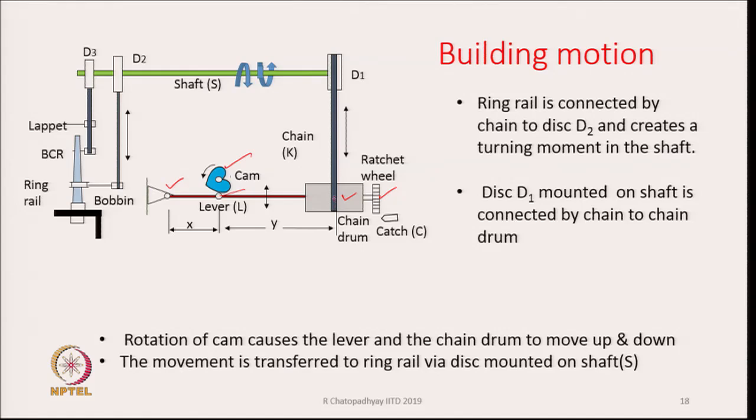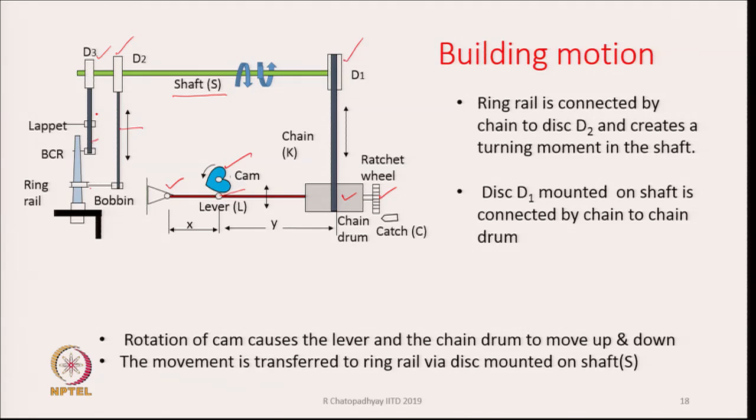The chain drum is connected to another drum, D1, mounted on the shaft S. At the other end of the shaft, you see there are two pulleys or two drums, D2 and D3. D2 is connected to the ring rail by a chain. This is the chain. D3 is connected to the lappet and balloon control ring together.